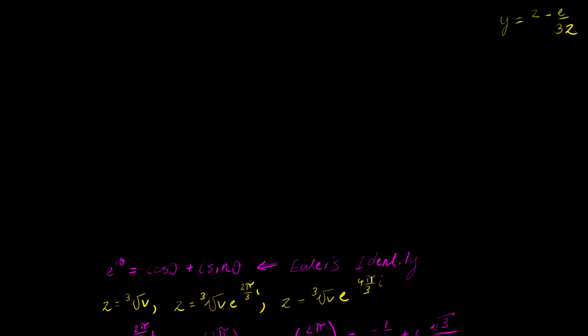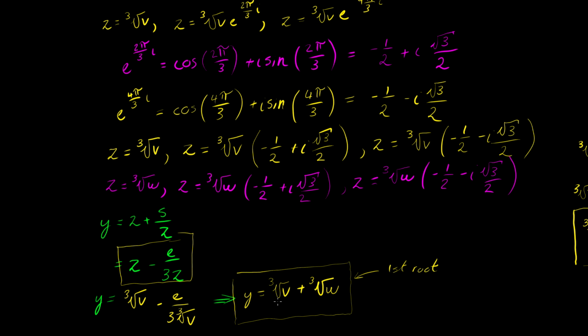So what were our other roots? We know that y is equal to z minus e over 3z, and we know that y is equal to the cube root of v plus the cube root of w. That was our first root.